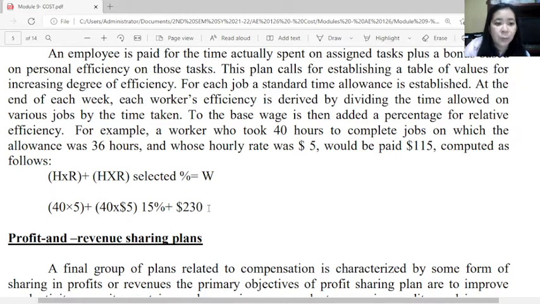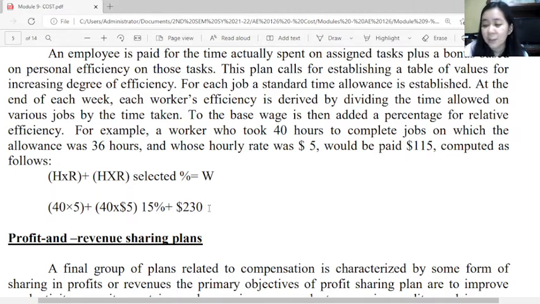So following the formula, in this case the wage is 200 for 40 times 5, and then 50% of, this should be 60, I think.